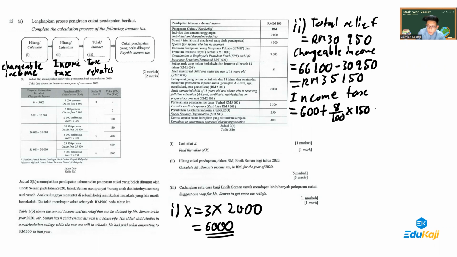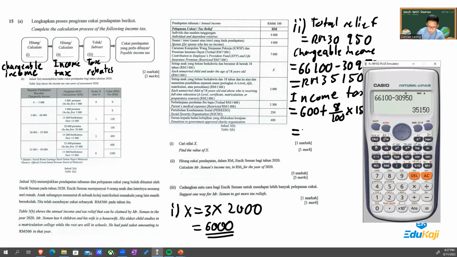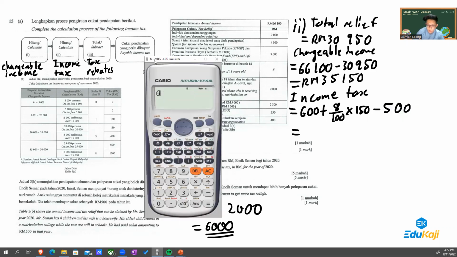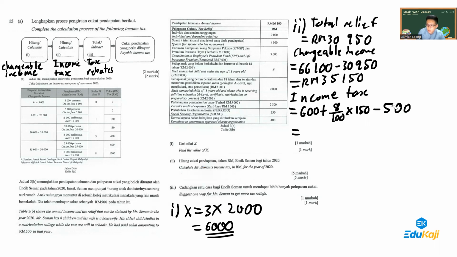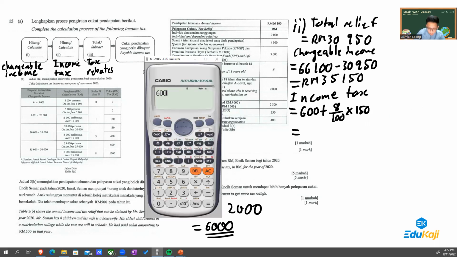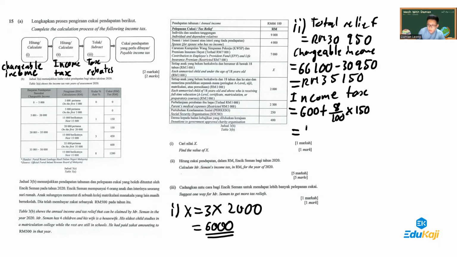Then I also have to minus the zakat, so minus 500. Actually, I'll just count this one first. 600 plus 8% times 150 is 612 ringgit.